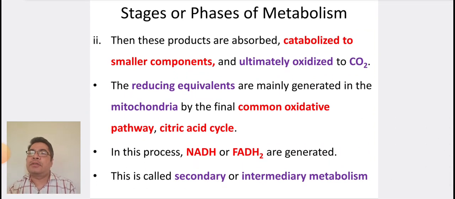Number two, these products are absorbed and catabolized to smaller components and ultimately oxidized to CO2. The reducing equivalents are mainly generated in the mitochondria by the final common oxidative pathway, the citric acid cycle. In this process, NADH and FADH2 are generated. This is called secondary or intermediary metabolism.